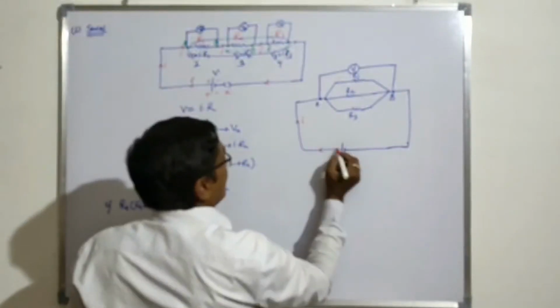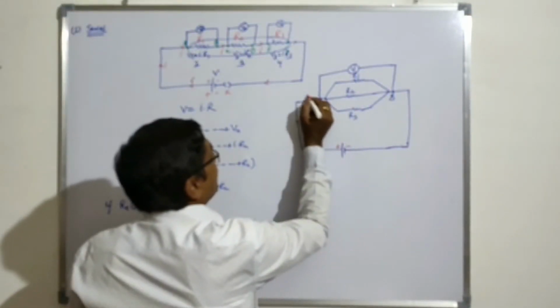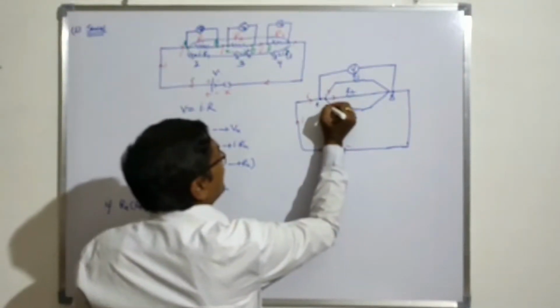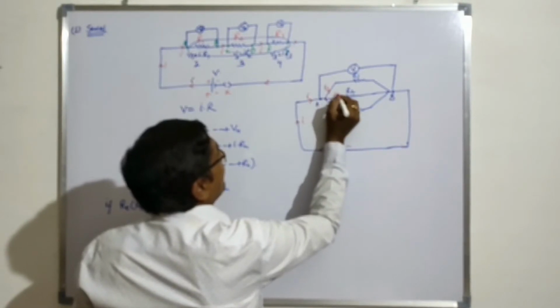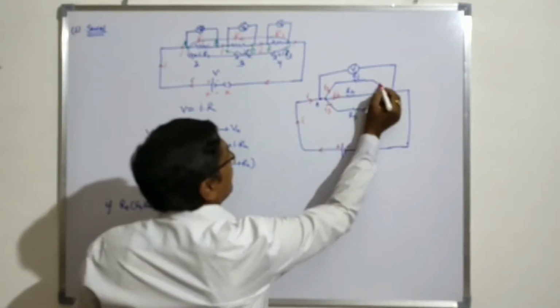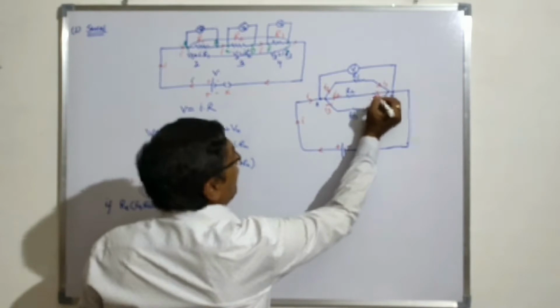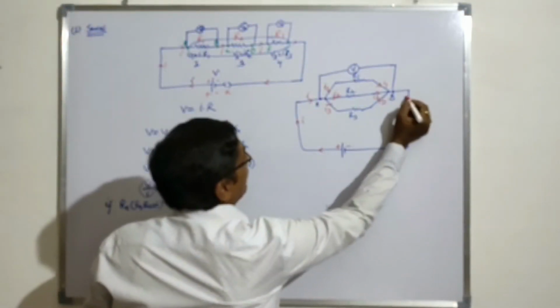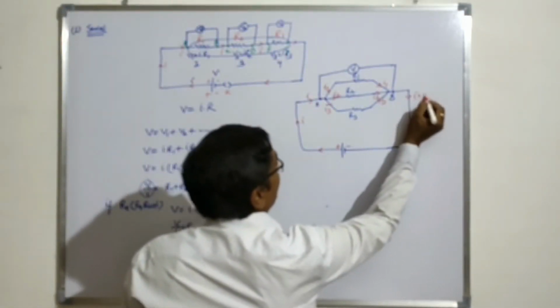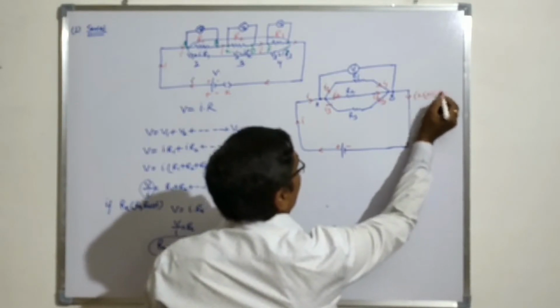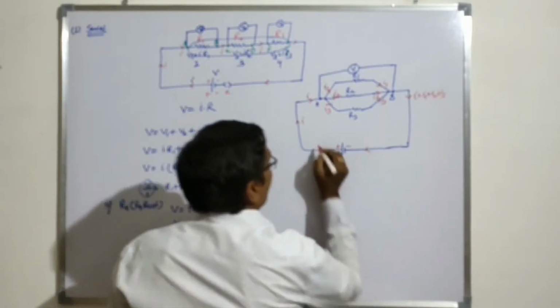From the battery, current I starts, and here it is I, and here the current is divided into 3 parts: I1, I2 and I3. So the total current equals I1 plus I2 plus I3.